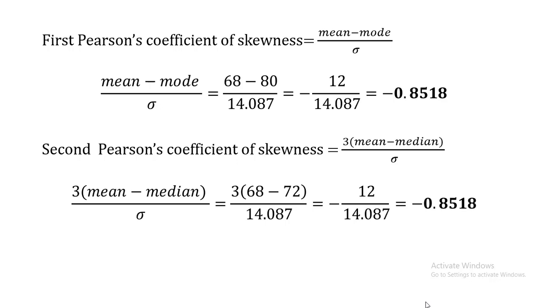So all three values should be negative if it is negatively skewed. If the distribution is positively skewed, then all the coefficients of skewness should be positive. And if it is symmetrical, then all the coefficients should be zero.